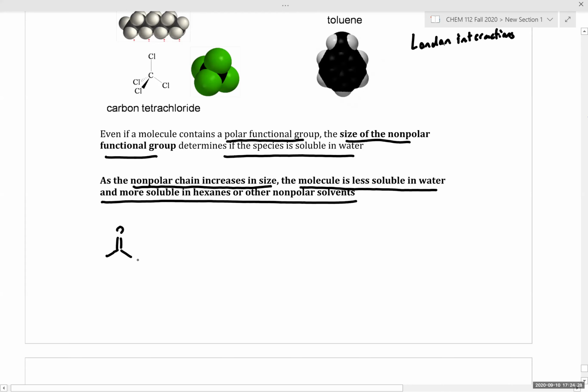So for example, acetic acid is water soluble. Once we get to around 5 carbons, we have a relatively large amount of nonpolar character.